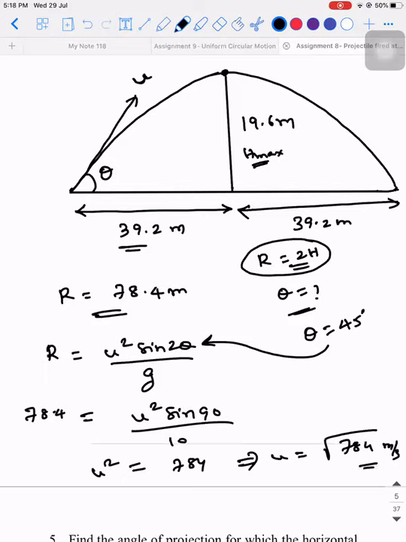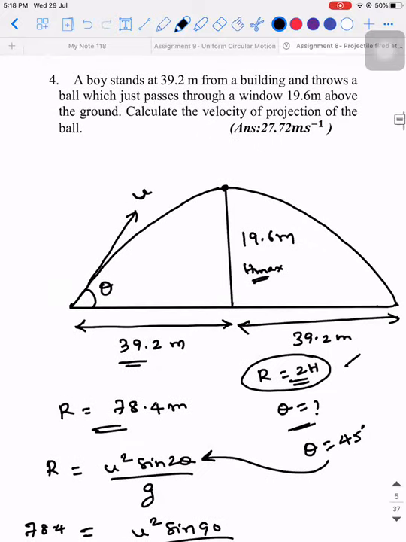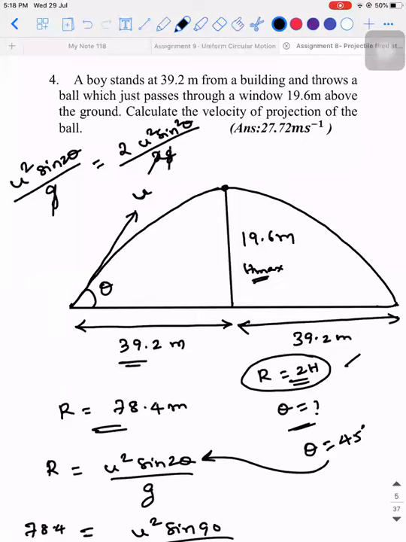Sir, how is theta 45 degrees, sir? R is equal to 2h. Solve it. R is u square sine 2 theta divided by g, equal to 2 times u square sine square theta divided by 2g. So g and g will get cancelled, 2 and 2 will get cancelled, u square is gone.